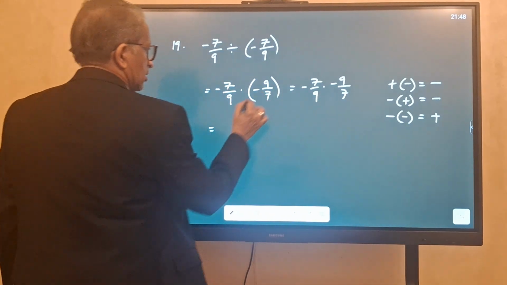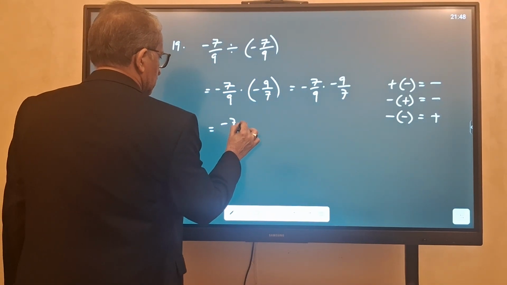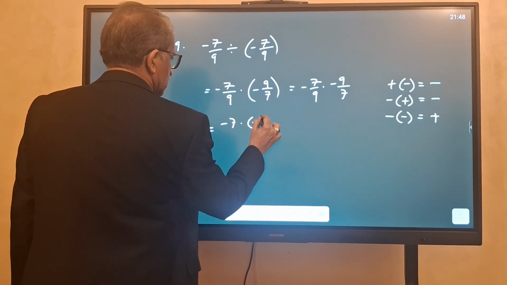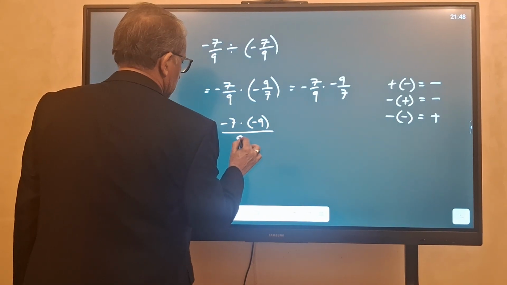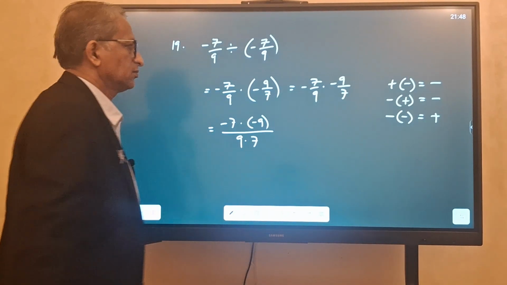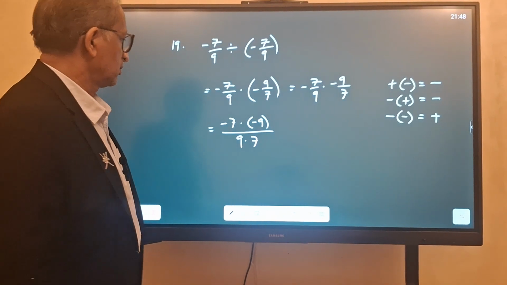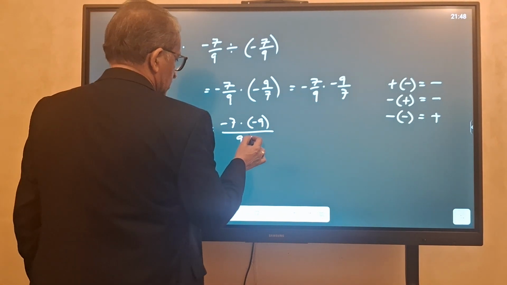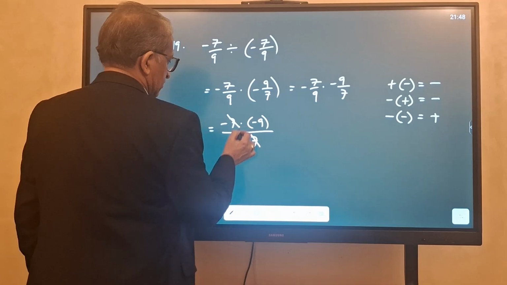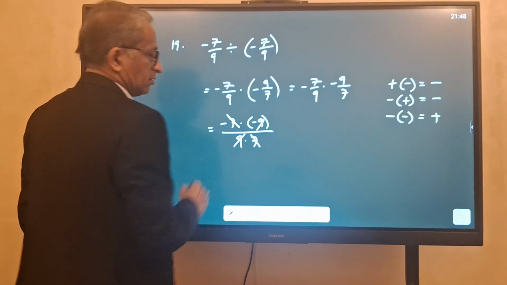Then it is minus 7 dot minus 9 divided by 9 into 7. Right? And then we cancel the terms 7 and 7, 9 and 9.